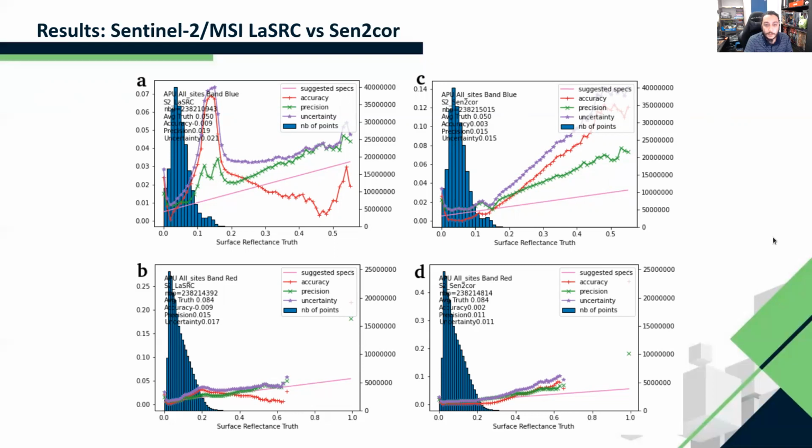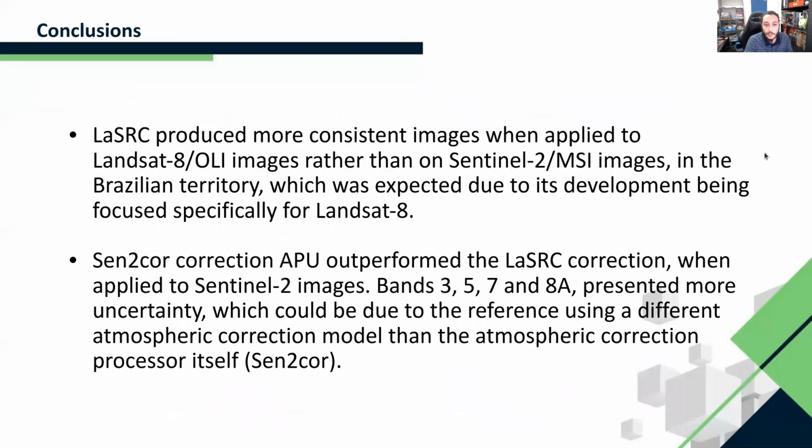Based on these observations, we believe that LaSRC produced more consistent images when applied to Landsat rather than to Sentinel-2 images, at least for the Brazilian territory. And this was expected since the development of LaSRC, which stands for Landsat Surface Reflectance Code, was focused specifically on Landsat 8.